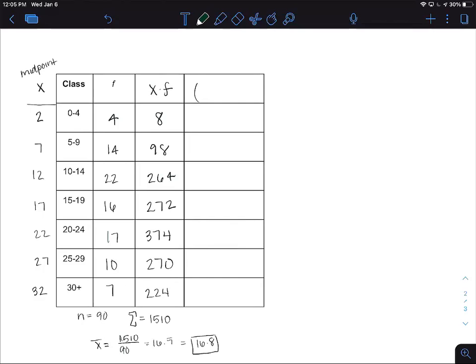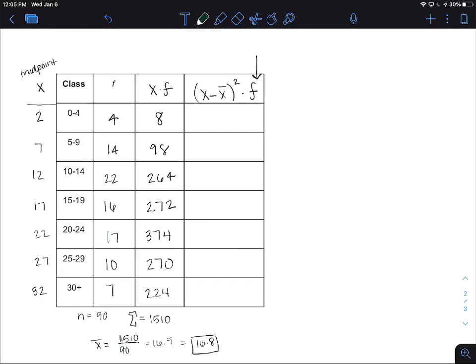So now back up to our table. We're going to take our x value minus our mean, square it, and then we also need to multiply it by that frequency. That multiplying by the frequency part is what most of us are missing when we're finding the standard deviation of a frequency distribution.